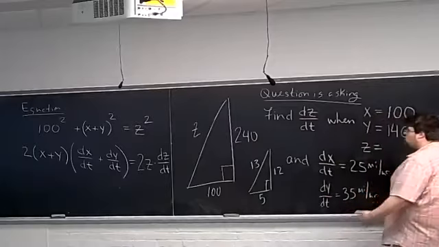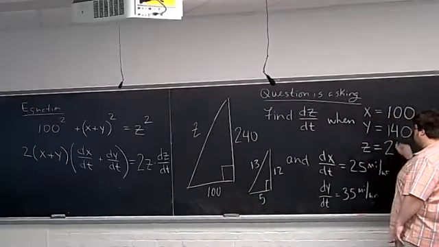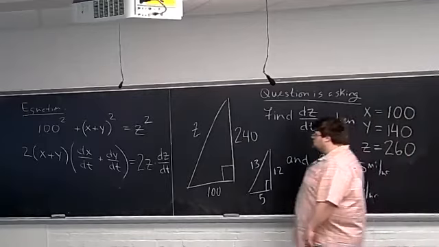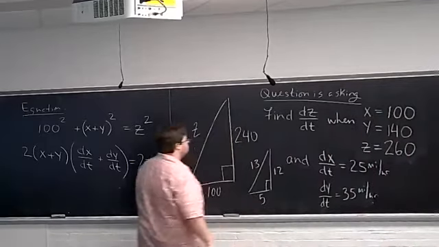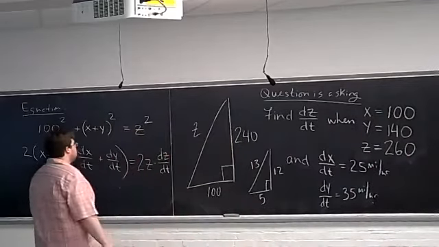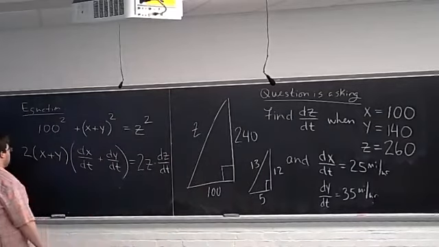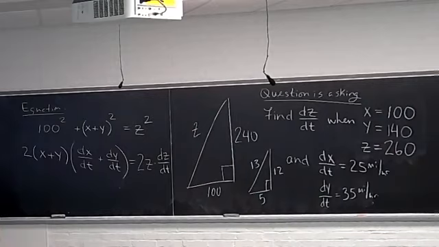So Z is 13 times 20, which is 260. So 3, 4, 5 triangles show up sometimes. 5, 12, 13 triangles show up sometimes. There are others, but I usually stick to 3, 4, 5, and maybe a 5, 12, 13. Any questions about finding Z?